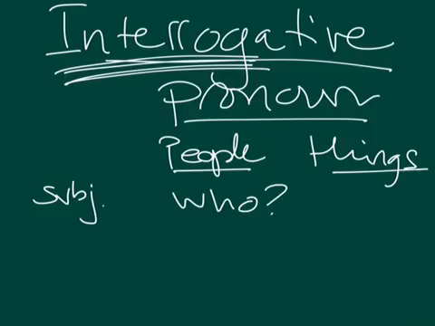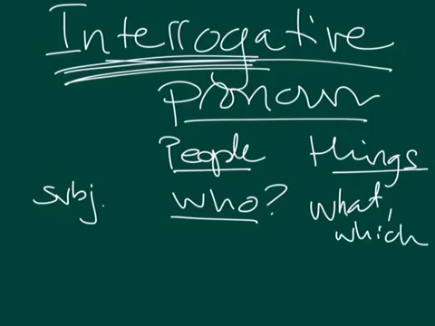Remember that some questions cannot be put into interrogative pronouns, like for example when, because that has nothing to do with a pronoun. It still has to refer to a pronoun. But things, for example, what or which, can be replaced with the pronoun where it refers back to as it, therefore that's okay.